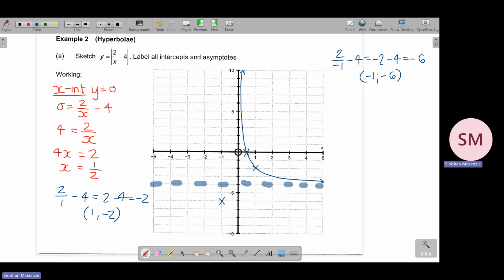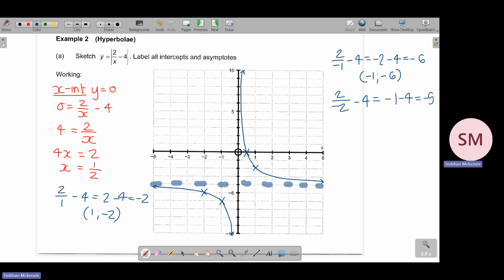Let's look at what minus 2 is. 2 over minus 2 minus 4 gives you minus 1 minus 4, which is minus 5. So that is this point over here. Drawing this shape, we're tending towards our asymptotes, and it looks something like this. This is your pencil sketch, right? That's okay, just make it a different color. Make a note to yourself.